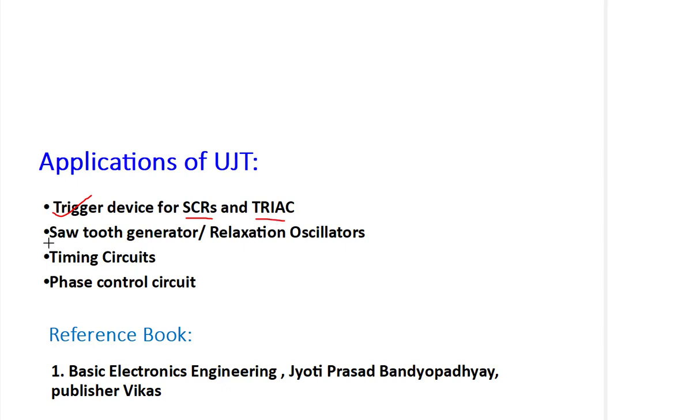Another application is the sawtooth wave generator, the relaxation oscillator. This is a very important application. After that are timing circuits and phase control circuits, other applications in power electronics devices.